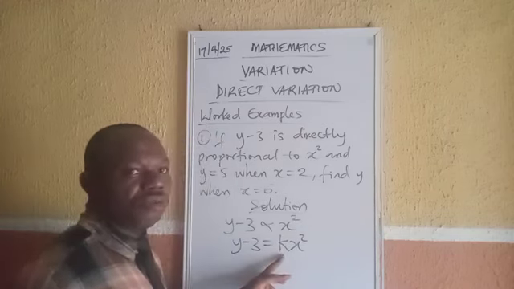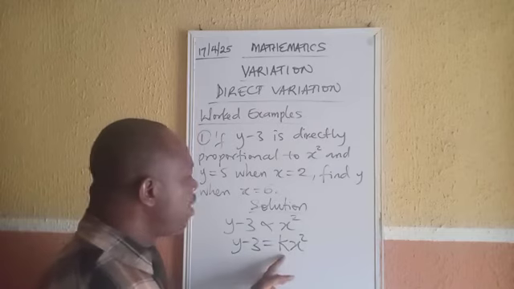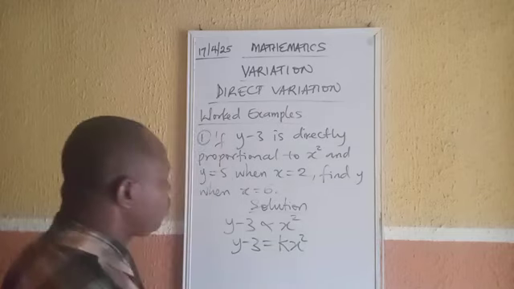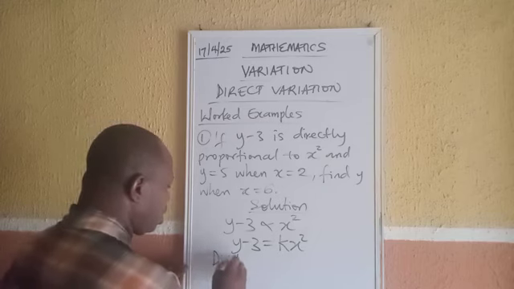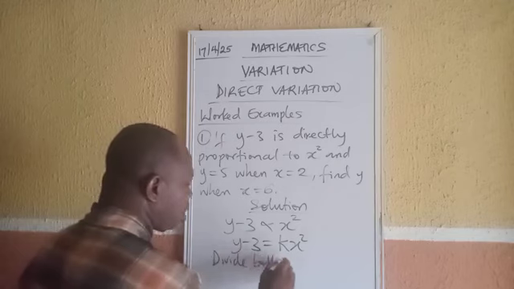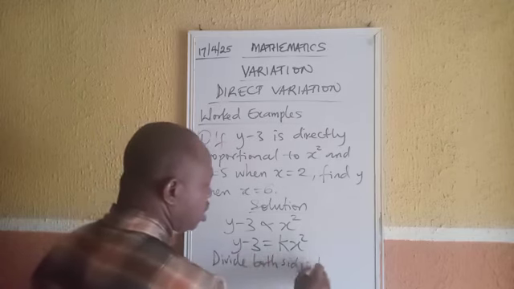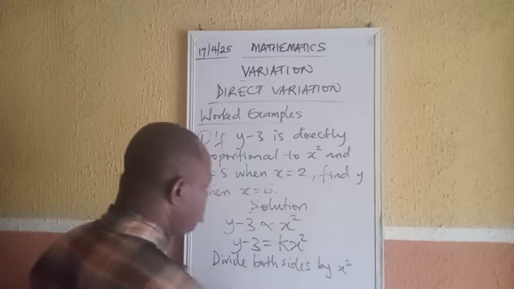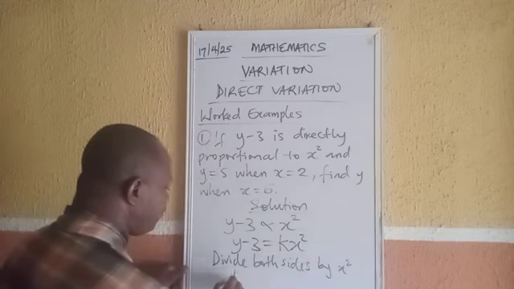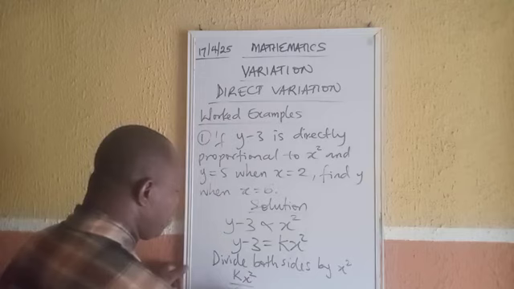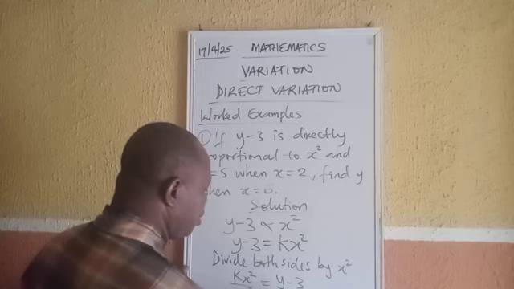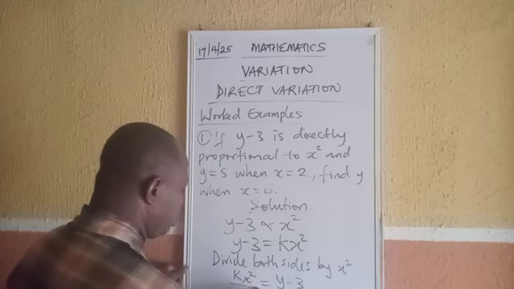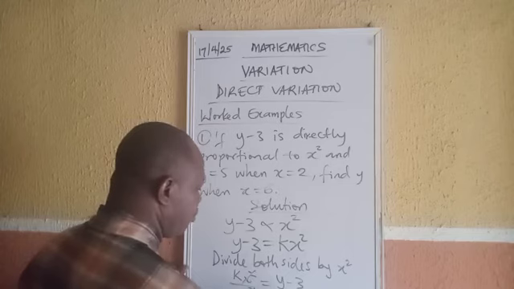We now look for k by dividing both sides by x squared. If we divide both sides by x squared, we are going to have k x squared over x squared equals y minus 3 over x squared.